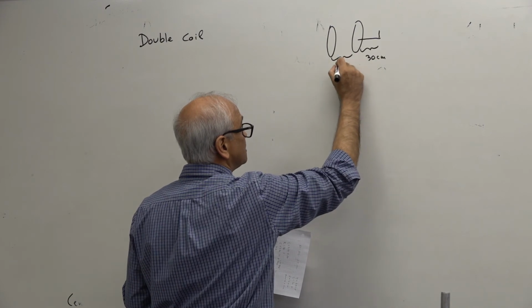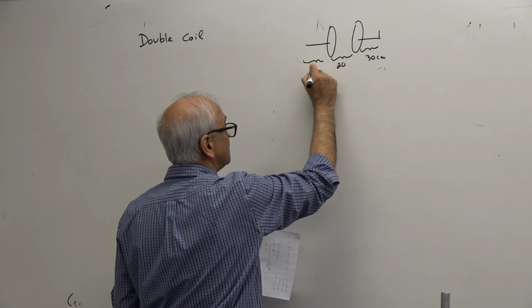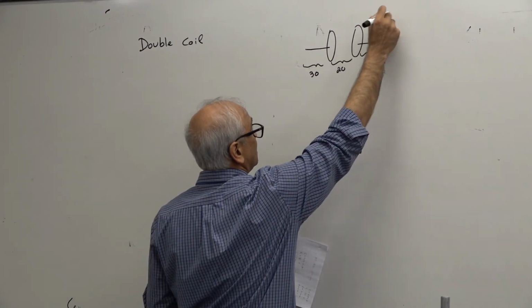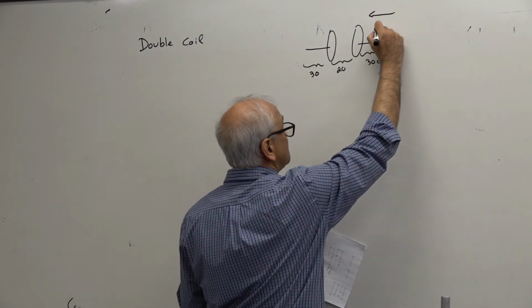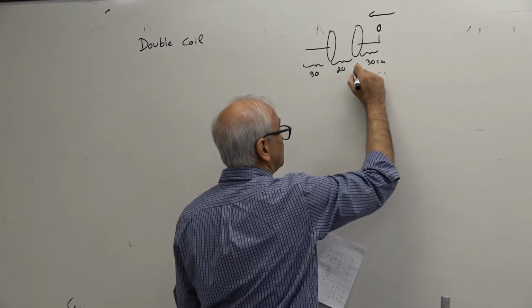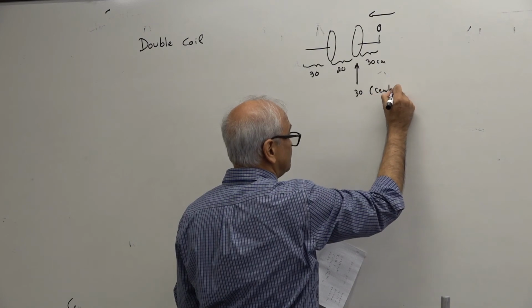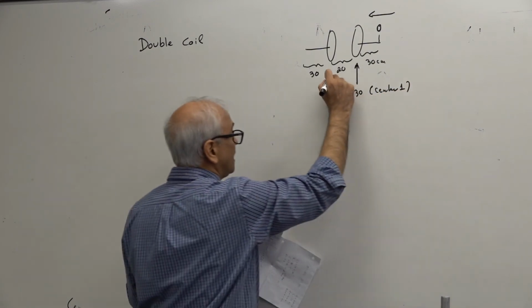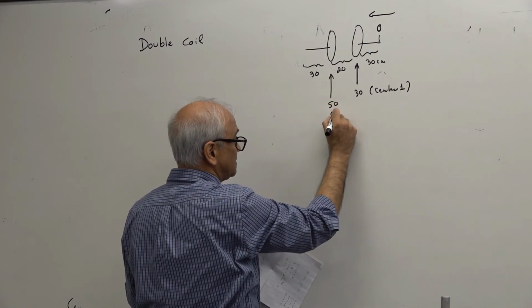And then remember, this is 20 centimeter here. And then we got another 30 centimeter that way. So if I'm coming from the right to here, I started with 0 here. So this would be the 30 mark. This would be the center of one of these coils, center 1. And right here, it would be 50 centimeter. It would be center 2.